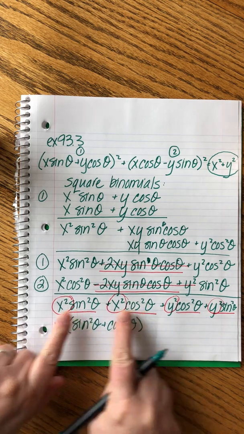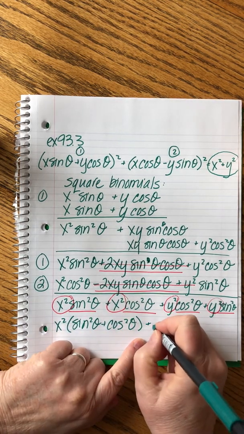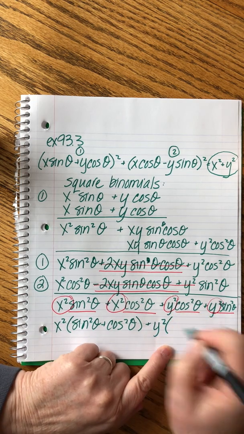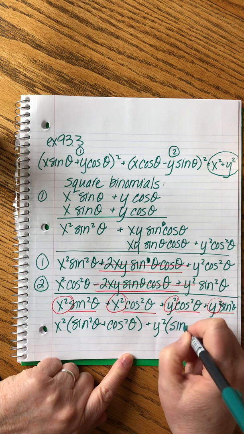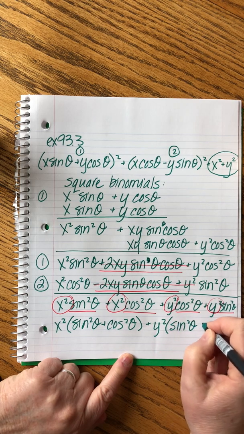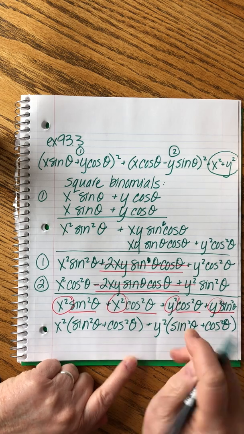Right? That's the remaining pieces when we pull the x squared out. Plus, and now I'll do the same thing here. And I'll just write it so it's in the same order. I'll put the sine squared first.